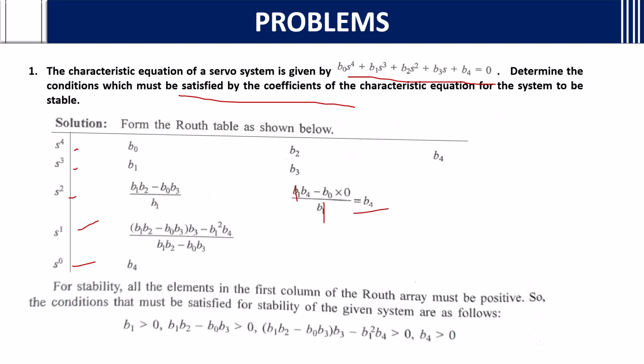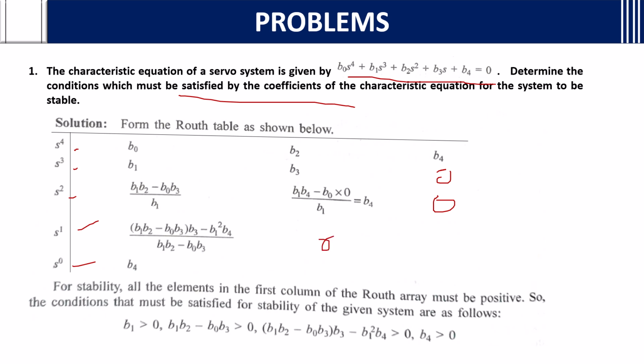And next, you should multiply this with this. B1 into B2 minus B0 B3 by B1 into B3 minus B1 into B4. After doing that, you will get the simplified equation like this. For the next there is nothing present here also, so it will be 0 only.